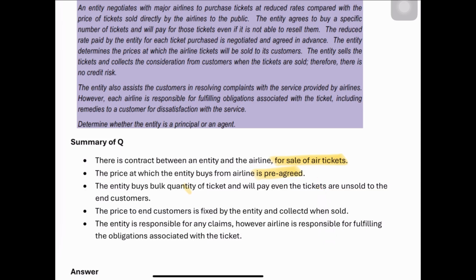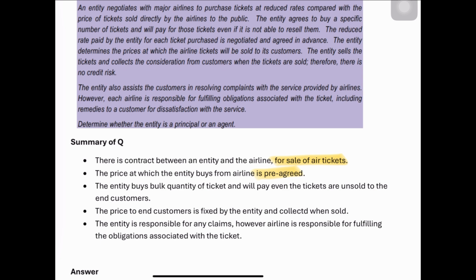So even if the entity could not sell the tickets to the end customer, they still have the obligation to pay the airline.